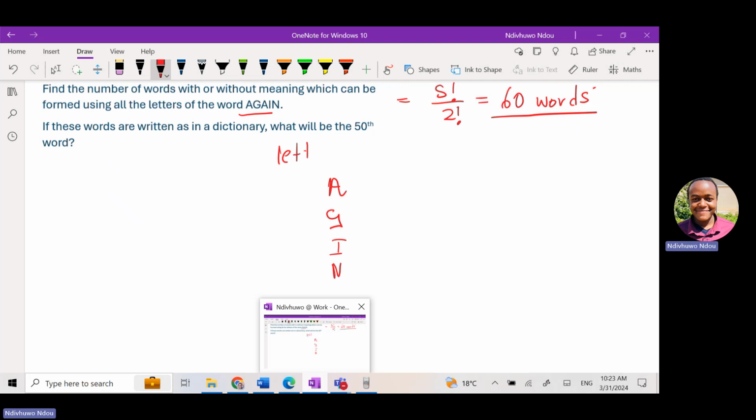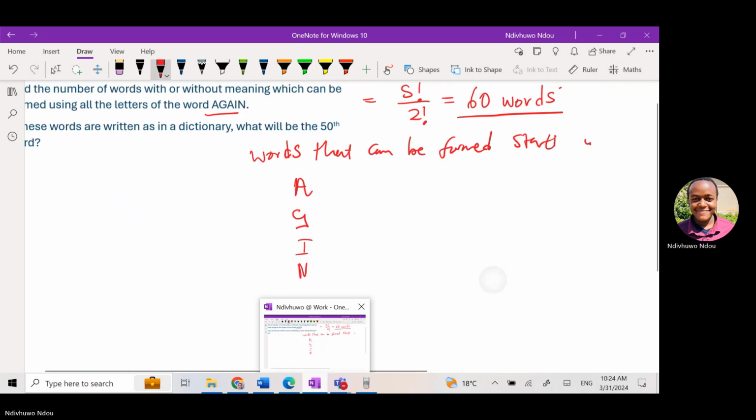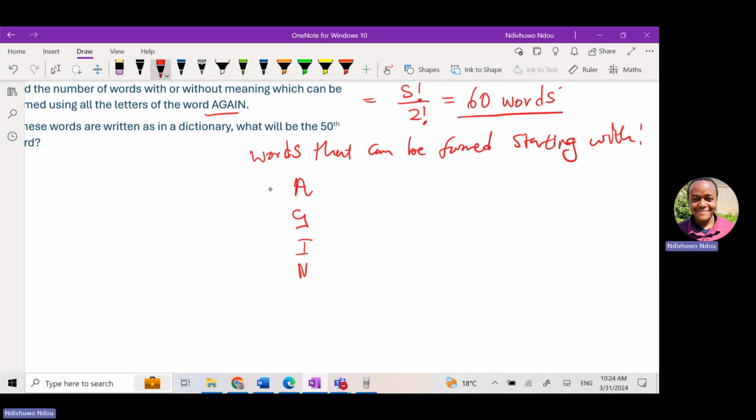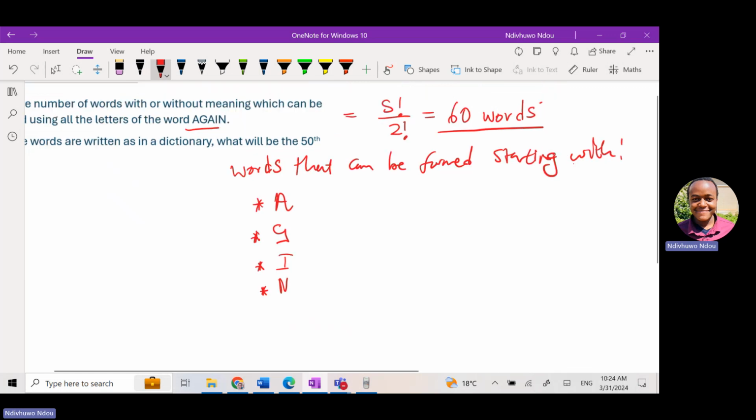So we're going to count the words that can be formed starting with A, if we start with G, if we start with I, if we start with N. What will be the number of words that can be formed?